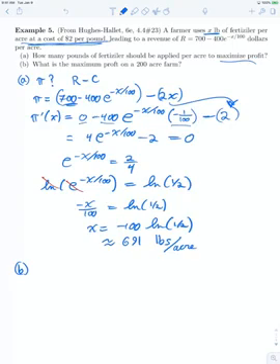In any case, the hard work is done, and we just plug 691 back into the original profit function. We just want to find the y value of the profit where it's a maximum.